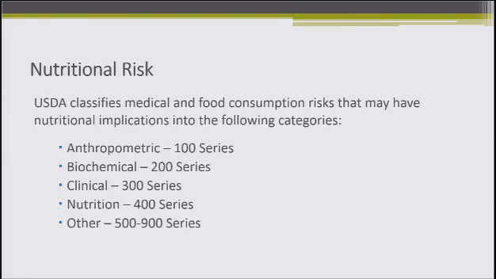Anthropometric is in the 100 series, biochemical is in the 200 series, clinical 300 series, nutrition 400 series, and other risks are classified from 500 to 900.